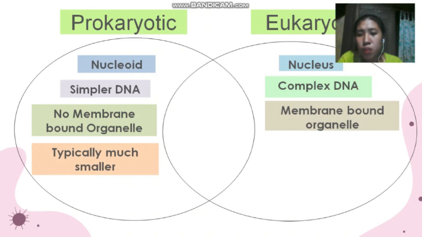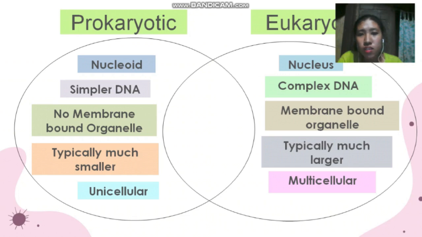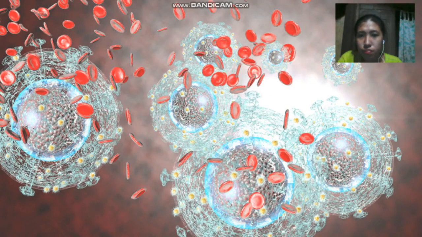Typically much smaller, the prokaryotic, while eukaryotic is typically much larger. Prokaryotic is unicellular, while eukaryotic is multicellular. Both of these cells have a chromosome, ribosome, cytoplasm, and vacuole.